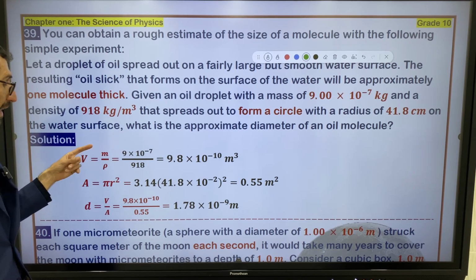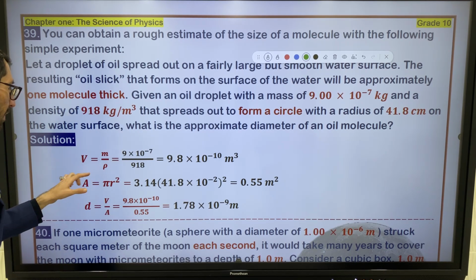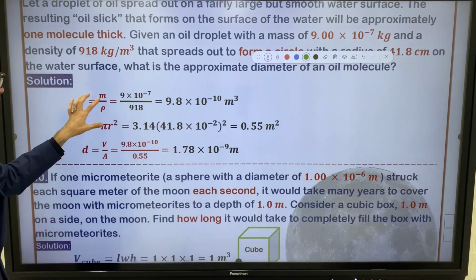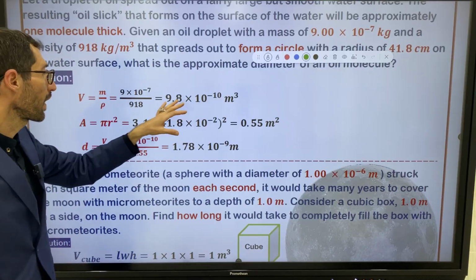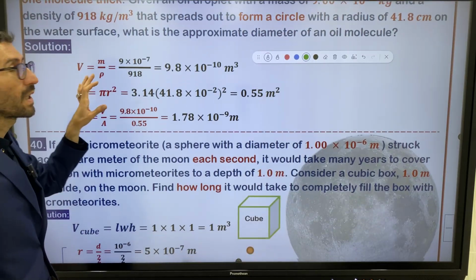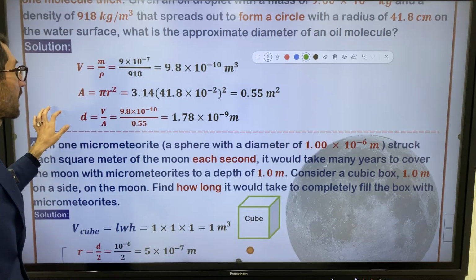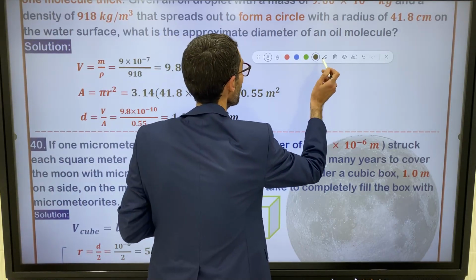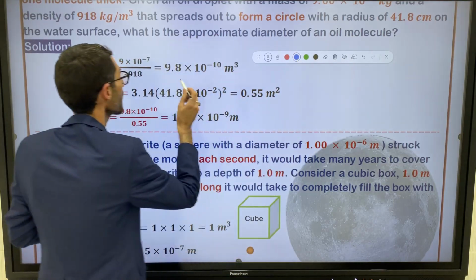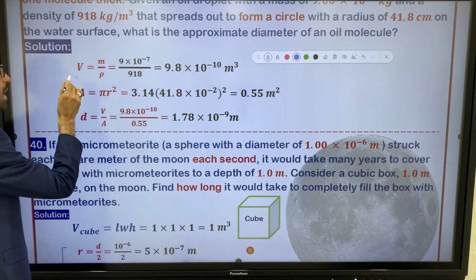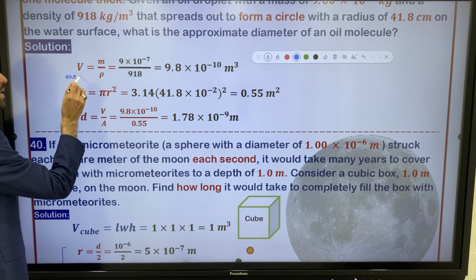Rho means density. You can write the capital, no problem. By doing so, you can find the volume of the one oil droplet. This is the volume of one oil droplet. Let me write it for you.